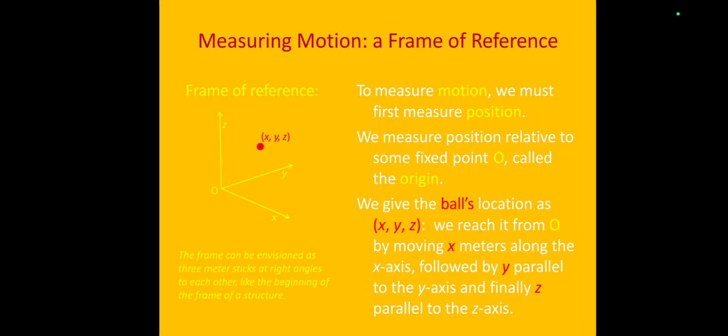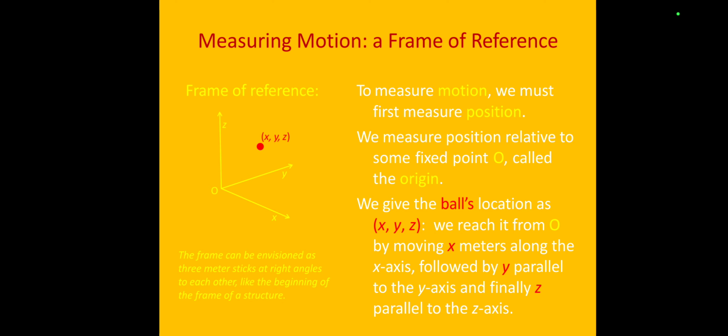Okay. So measuring motion, a frame of reference. Here is the diagram of three-dimensional space which has x axis, y axis, z axis. The frame can be envisioned as three meter sticks at right angles to each other, like the beginning of the frame of a structure. To measure motion, we must first measure position.